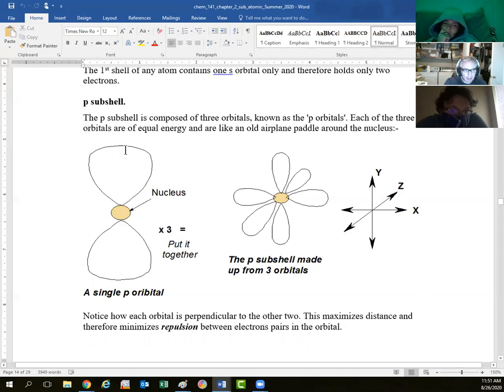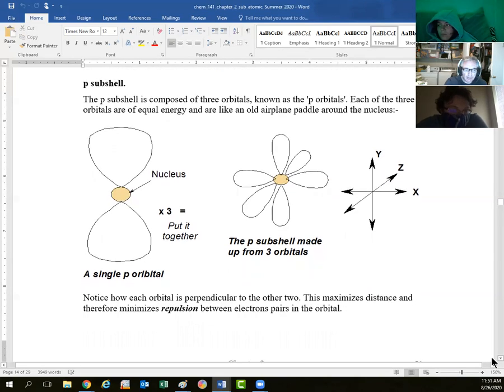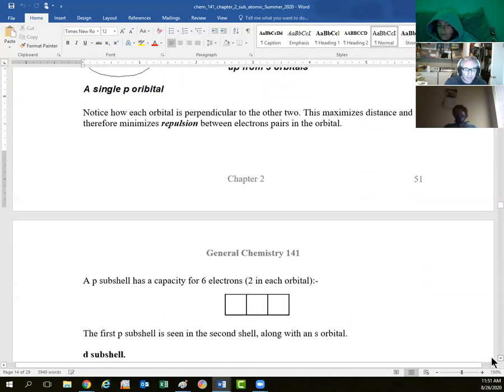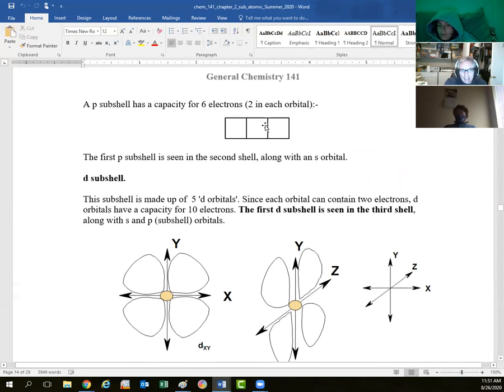Each one of these propeller blades can take a maximum of 2 electrons. So a p subshell can hold a maximum of 6 electrons with its 3 orbitals. Again, as we draw the orbitals, we just draw them as 1, 2, 3 boxes side by side.